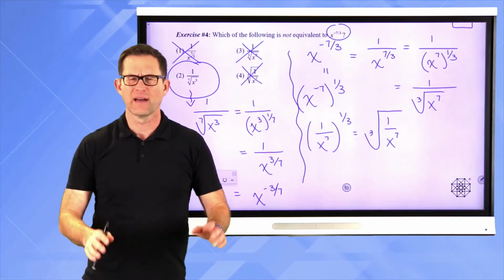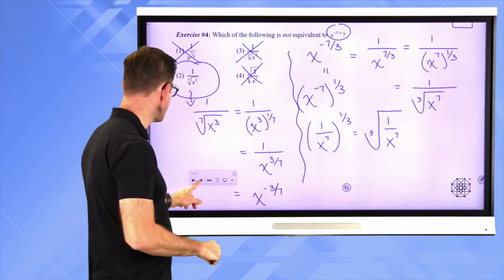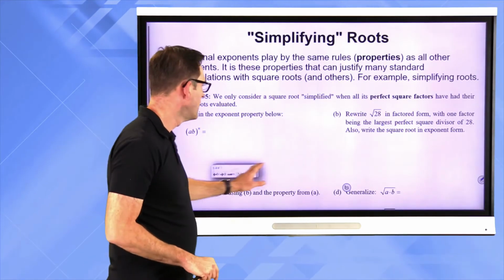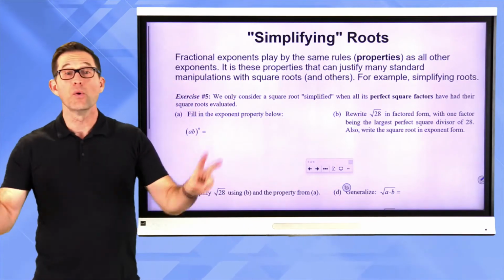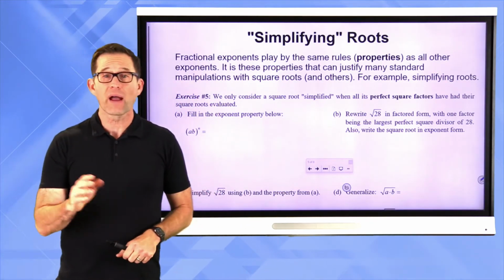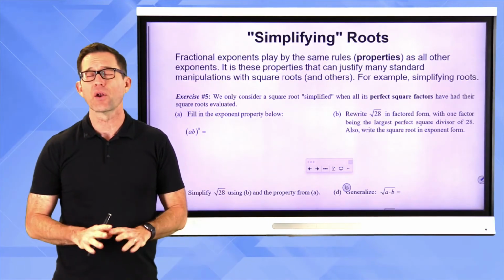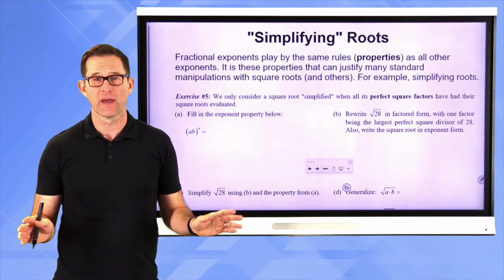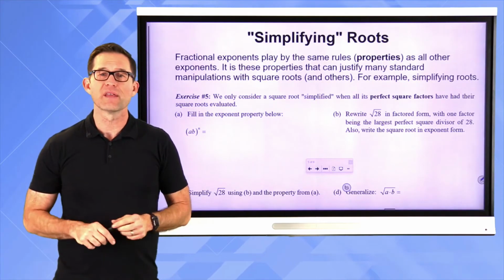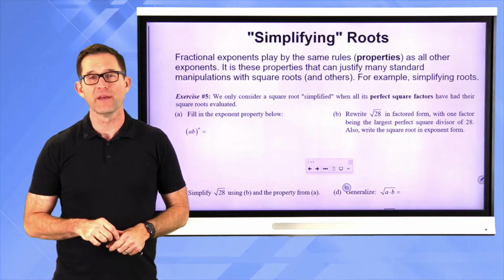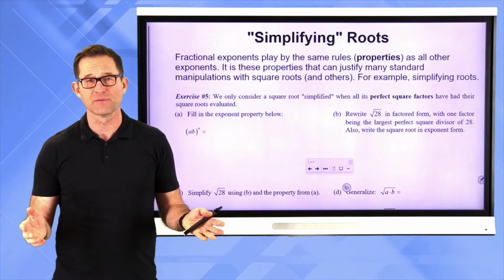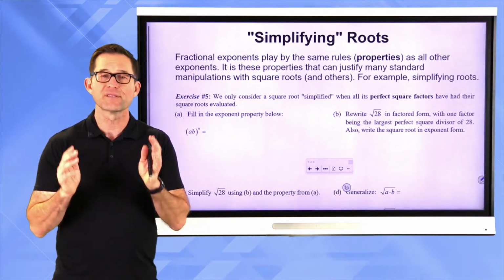And anyway, however you take that, you've done problems like this before. Okay. So now let's talk about, quote, simplifying roots. All right, fractional exponents play by the same rules, i.e. properties, that all other exponents do. It is these properties that can justify many standard manipulations with square roots and other types of roots. For example, simplifying roots.